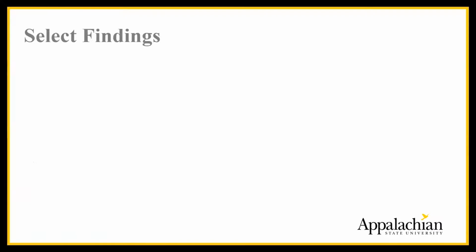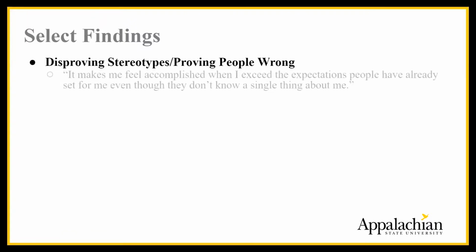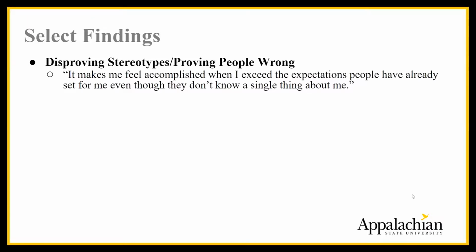Yeah, so here are some of the findings that we found as we interviewed from the focus groups. One was disproving stereotypes or proving people wrong. Like, I want the power to prove people I can do this. So one of the participants said: it makes me feel accomplished when I exceed the expectation people have already set for me, even though they don't know a single thing about me.